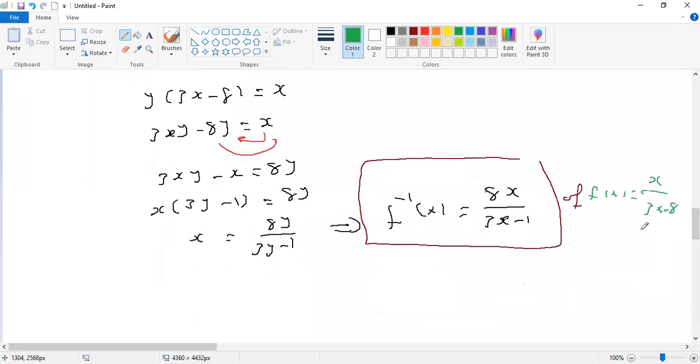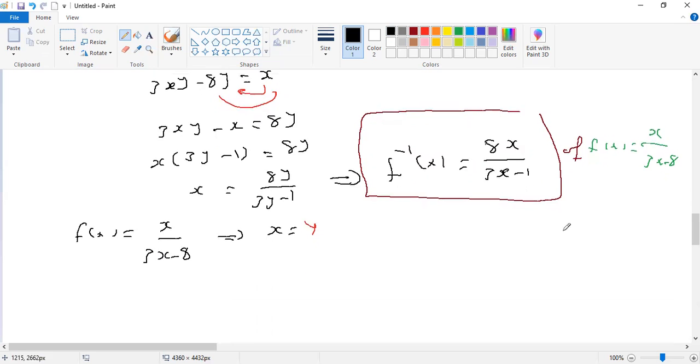Now, students, look at here. For example, the function f of x is x over 3x minus 8. Now, if I input here a number like 4, for example, x equal to 4, what about f of x?